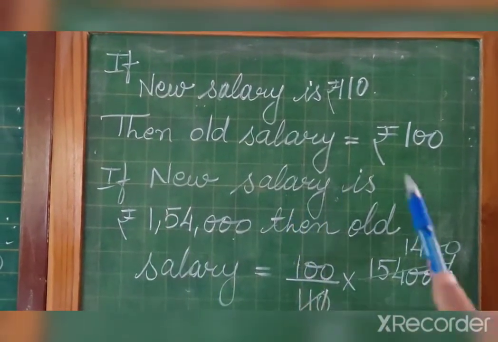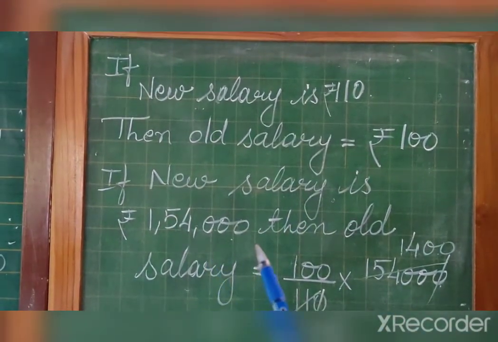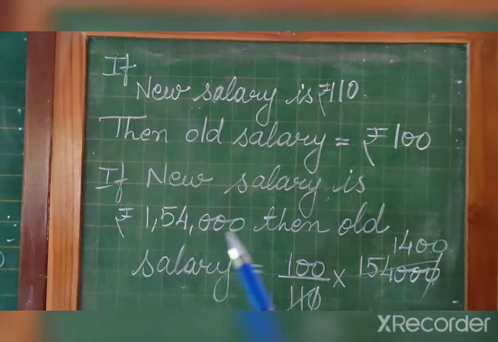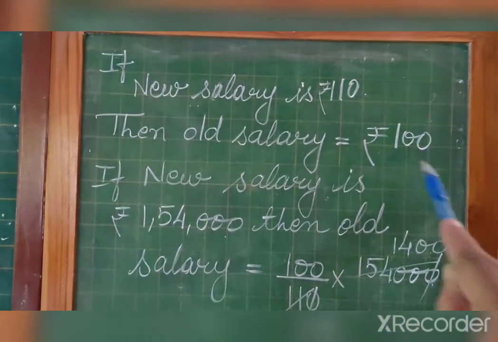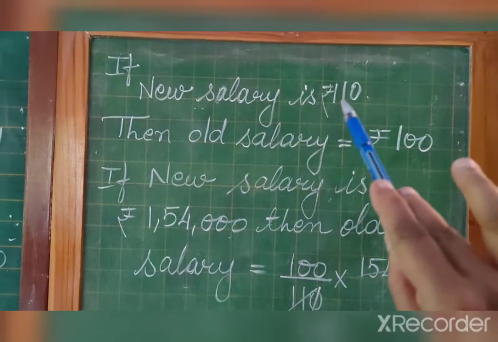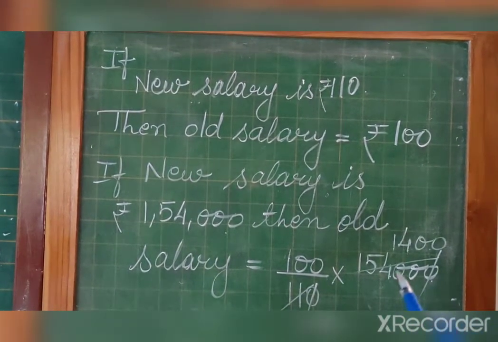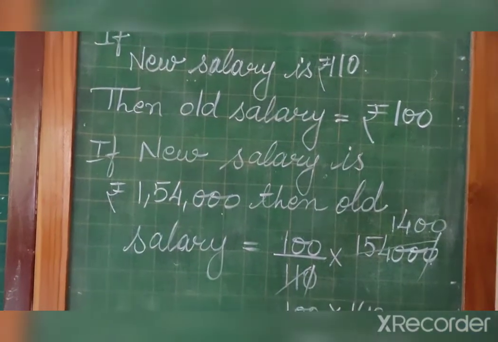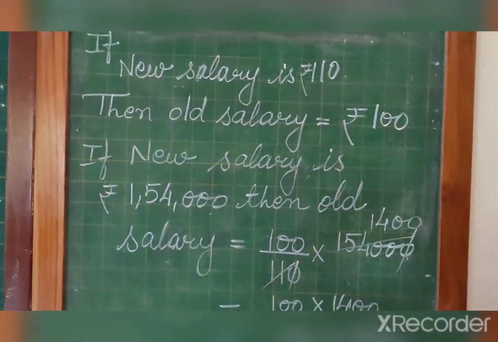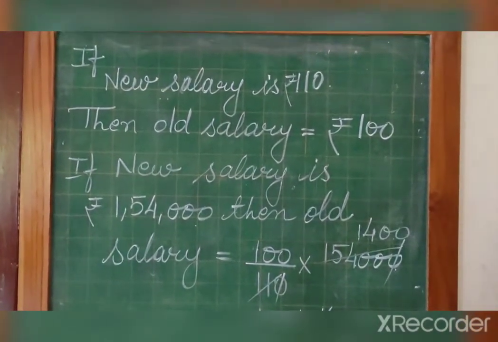If new salary is rupees 1,54,000, then original salary will be, in the numerator 100 you will take and in the denominator 110 and 1,54,000. If per month he is getting 1,54,000, wow.